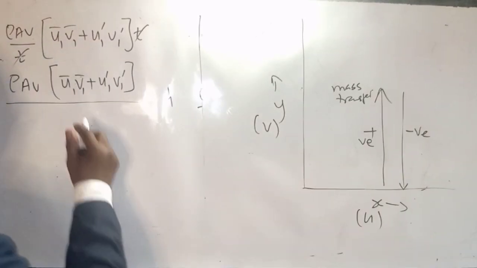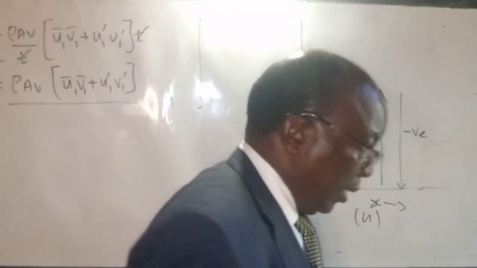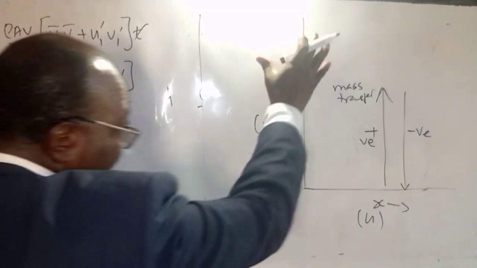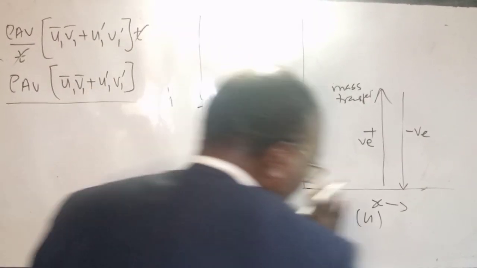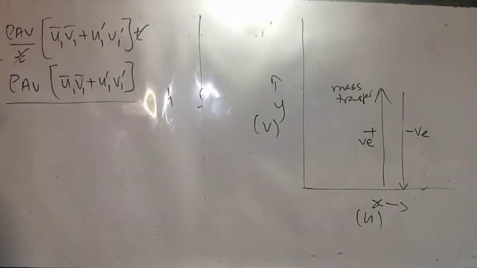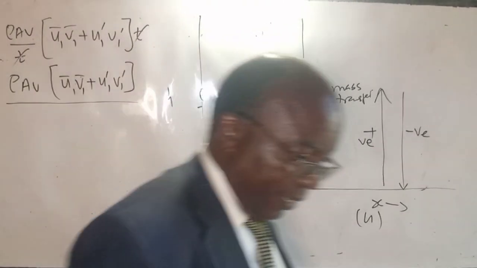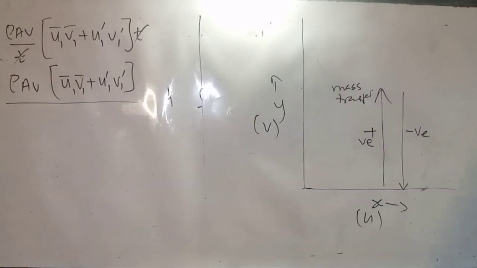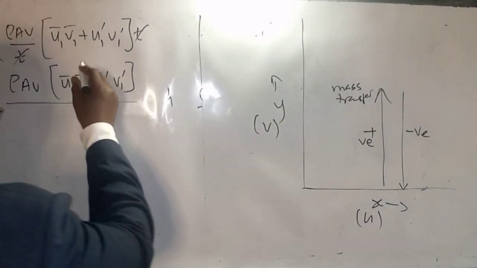Very important for us to have that configuration in our mind. So what are we saying? We are saying that if, for example, the transfer is predominantly along the v-axis, the y-axis as opposed to the x-axis, then in terms of mean velocities, this quantity will vanish.